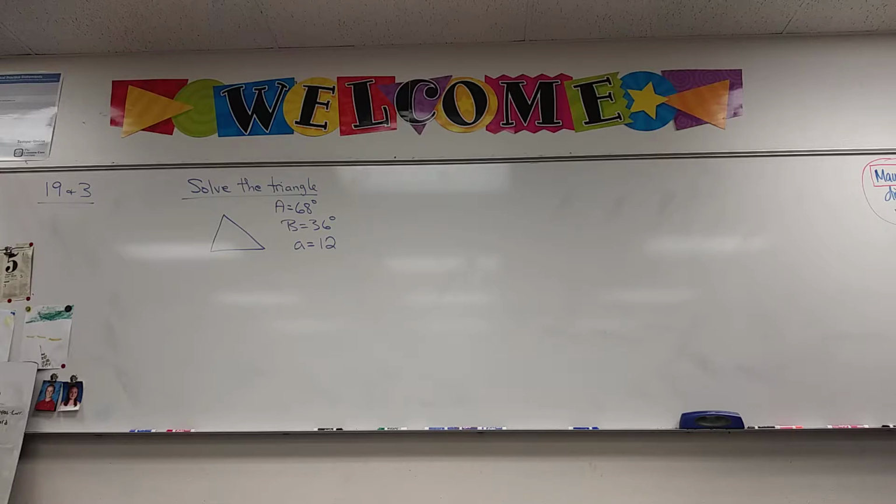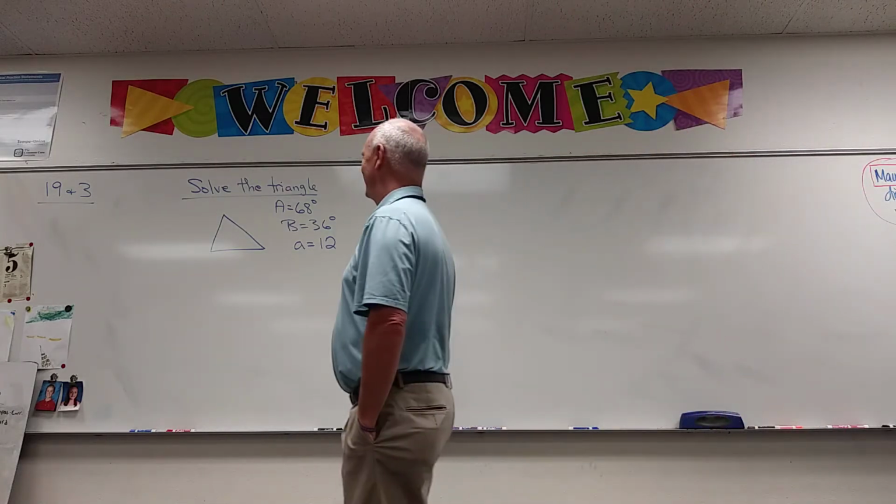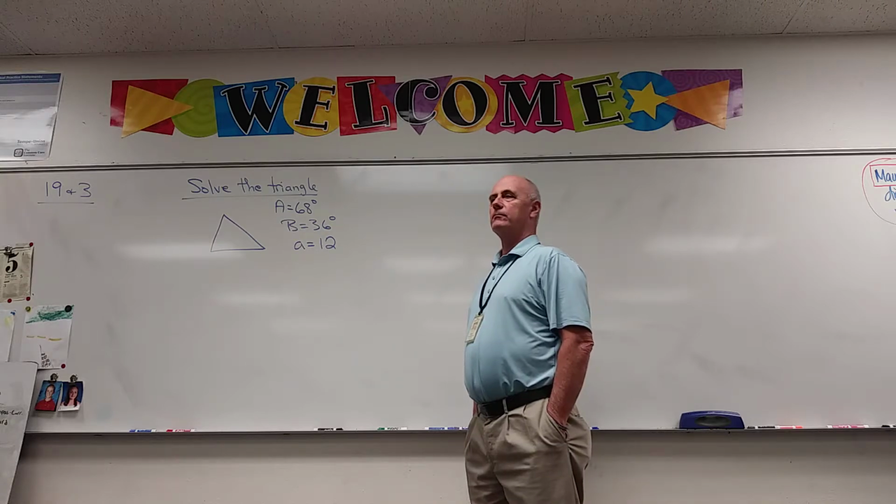All the angles, all the sides. So how many things are we going to have to find here? 3, because we already have 3. 6. Okay, wait, is that a right triangle or is it just a triangle? It's just a triangle. Okay. So we have 3, we need 3.